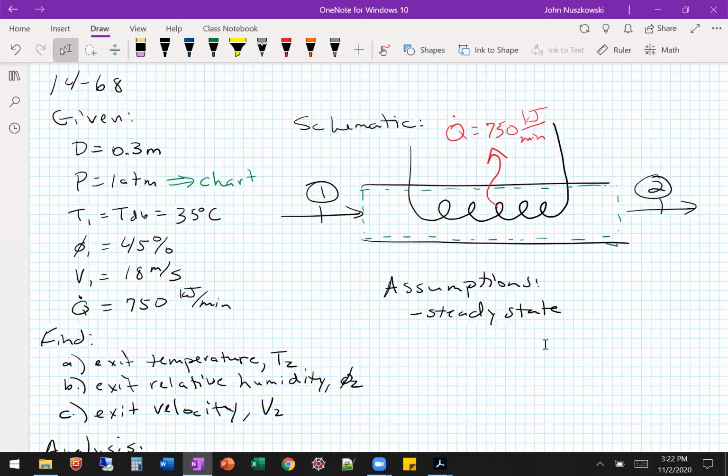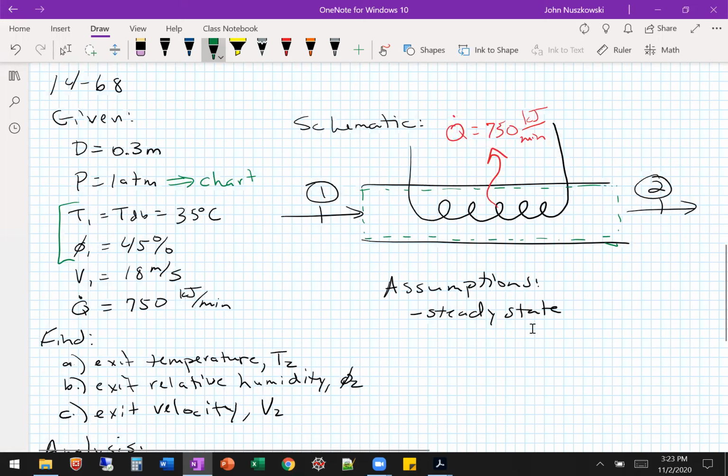We have the dry bulb and the relative humidity. Yep, that's enough to fix that inlet. We have two things, so we can draw our lines, see where they intersect, and get our point. But on the outlet state, do we have anything right now?